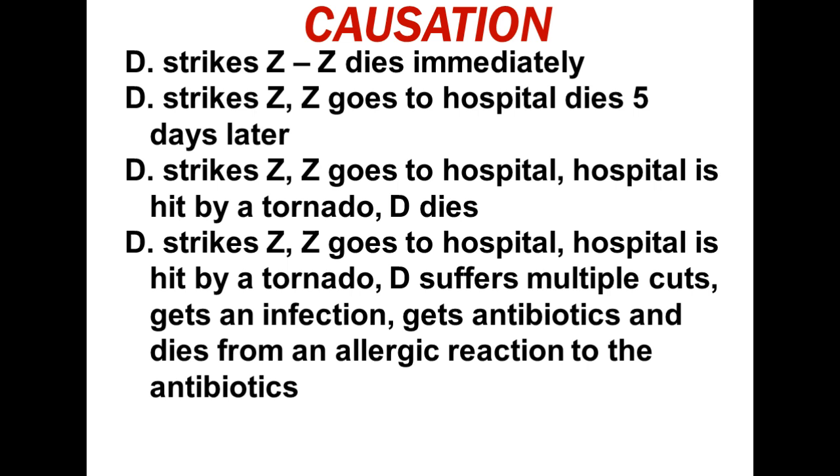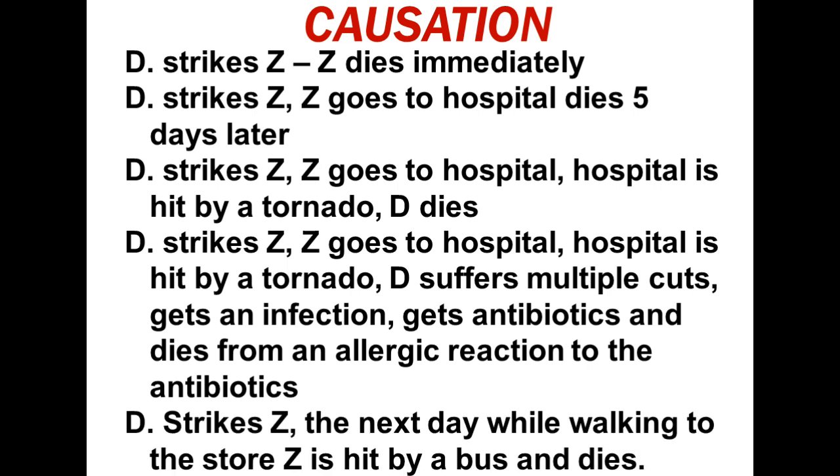So had D not struck Z, none of these things would have happened to Z, and still D would meet the but-for test as to Z's death. As you can see, this is a fairly large and expansive group of results.